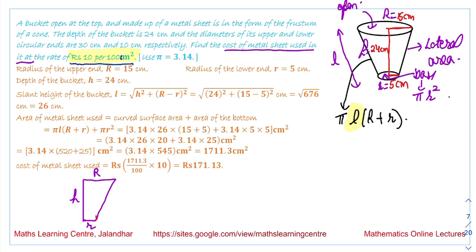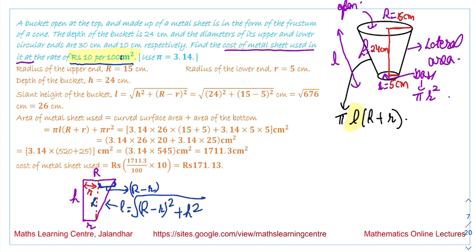If we draw the perpendicular from this r on this side, this length is r, and the remaining length over here will be capital R minus small r. This height is H. So the slant height is the square root of (R minus r) square plus H square.